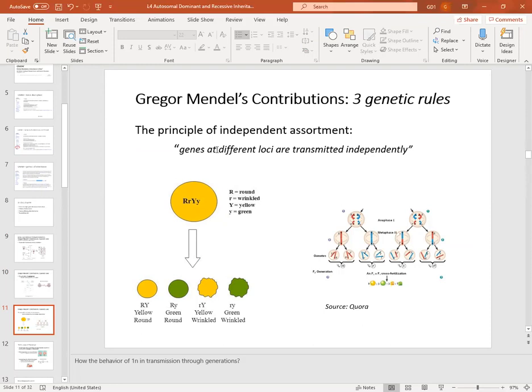That's because genes may be located on different chromosomes. If they are on the same chromosome and physically close, they may be genetically linked and go together to the next generation.